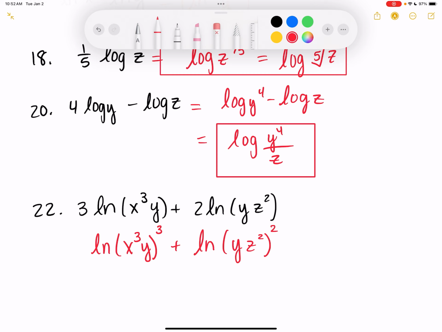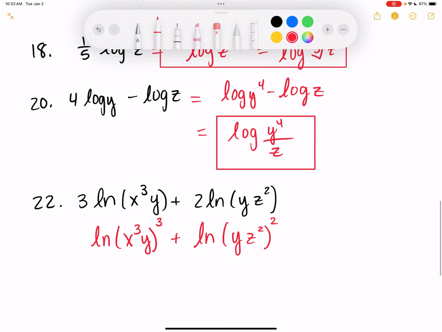Don't combine them yet. Now, just me, if you feel like I got this under control, be my guest. But I would rewrite this as ln of x to the 9th y cubed plus ln of y squared z to the 4th.